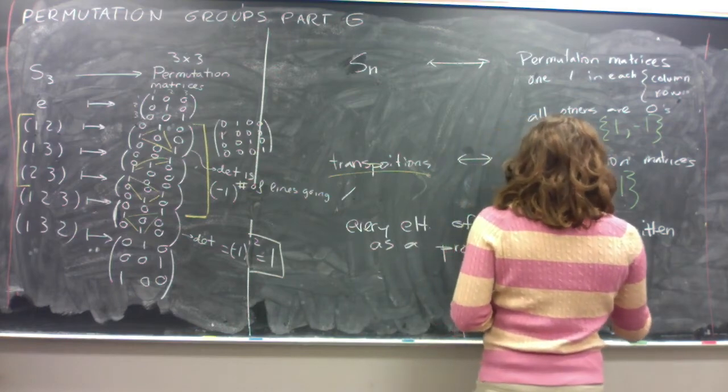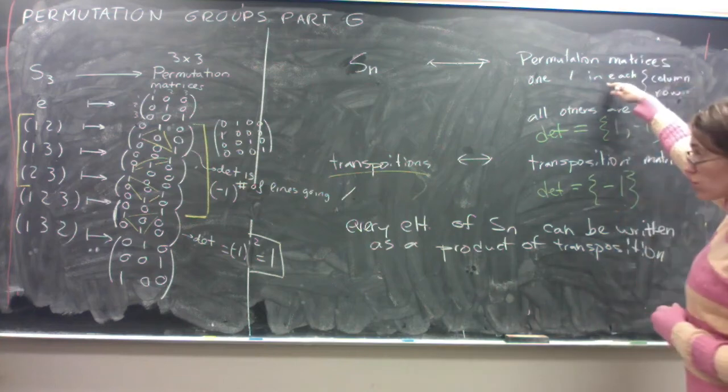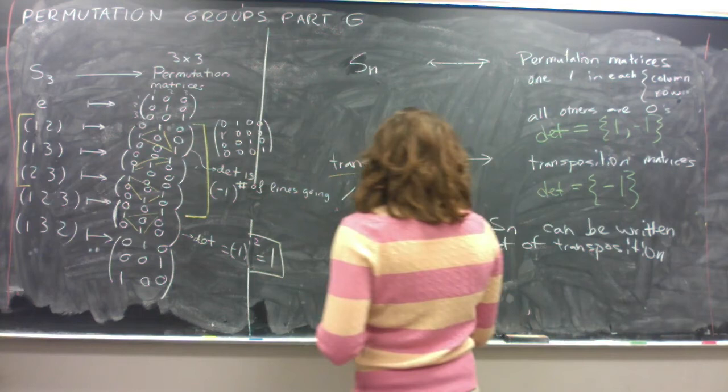Which means every permutation matrix can be written as a product of transposition matrices.